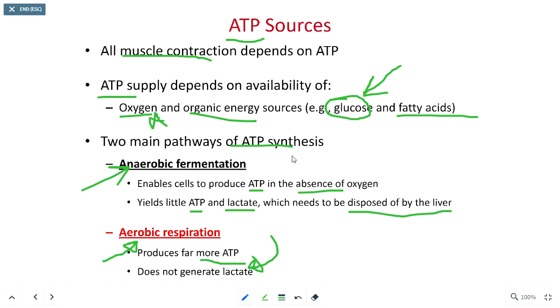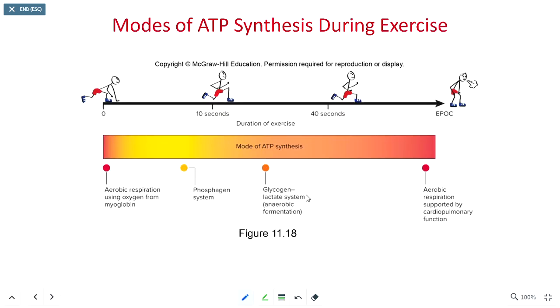So we're going to talk about what we do when we don't have a lot of oxygen available and when we do have a lot of oxygen available. As we're looking at aerobic respiration, we have lots of oxygen available, and the guy can run, and he's doing great. We have lots of oxygen in the form of myoglobin within the skeletal muscle fiber.